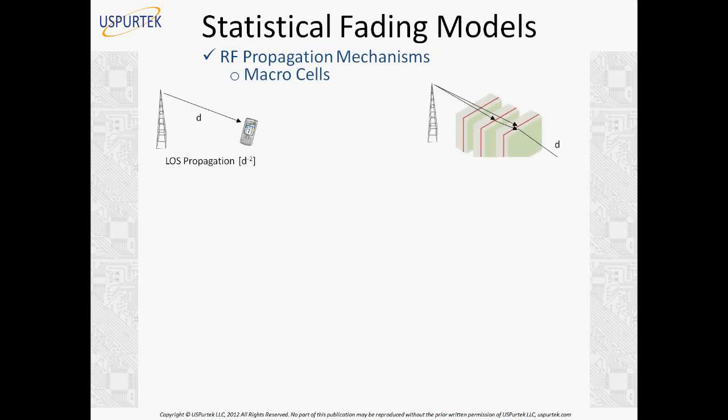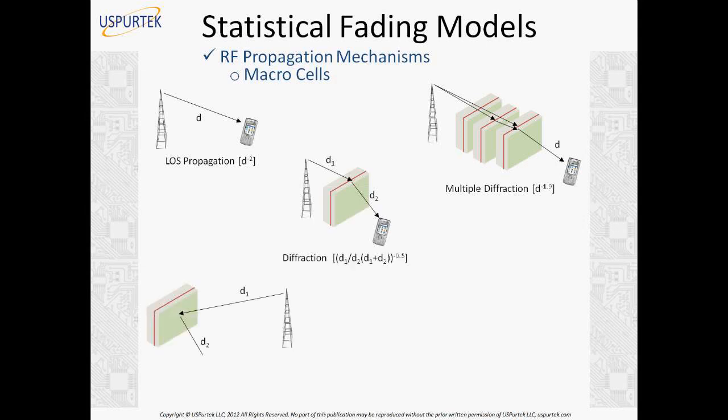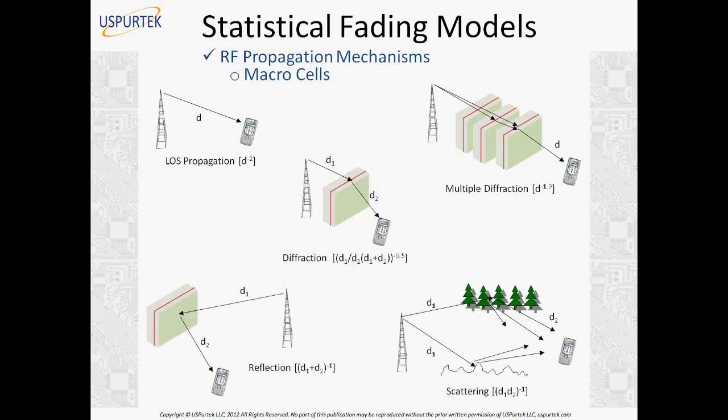Now let's look at some of the propagation mechanisms that are used in macro cells. For a macro cell, you could have a line of sight propagation where the signal power decays as the inverse square of distance, d to the exponent minus 2.